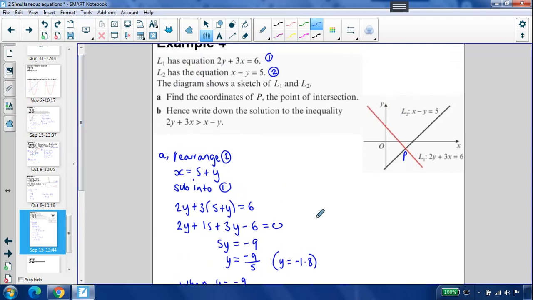So part B, hence write down the solution to the inequality 2y plus 3x is greater than x minus y. So I'll do it over here. So we're looking at when line 1 here is above line 2, and L1 is above line 2 here.